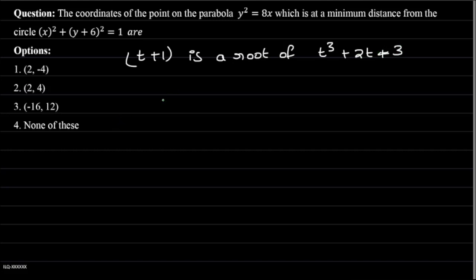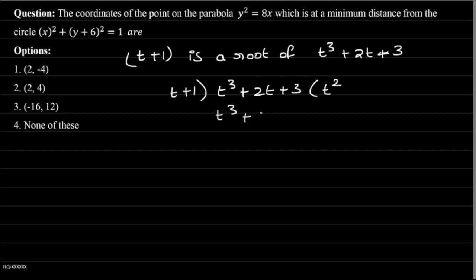Here, in order to find the other roots, we can divide t cube plus 2t plus 3 by t plus 1, and we can get the other factors.